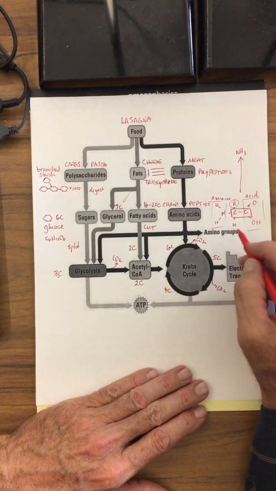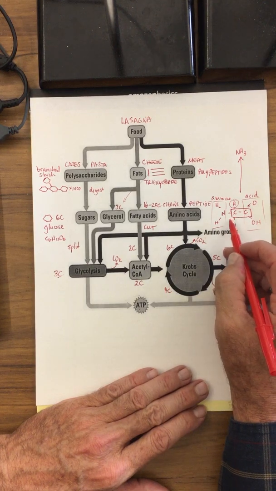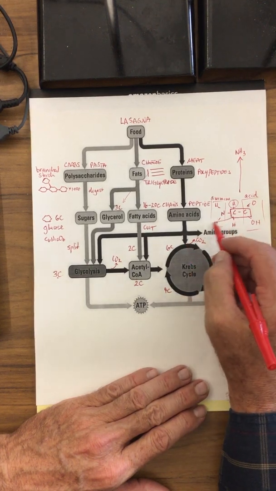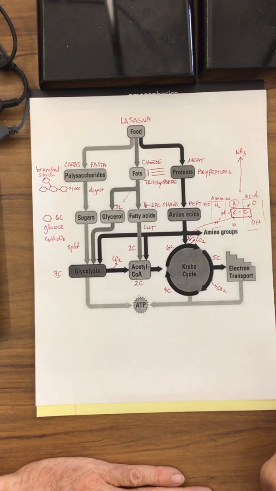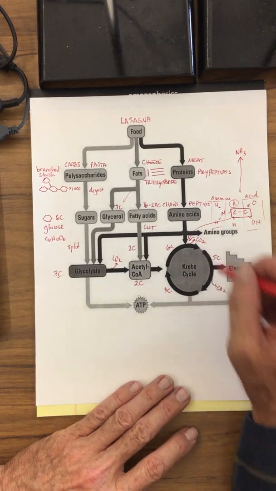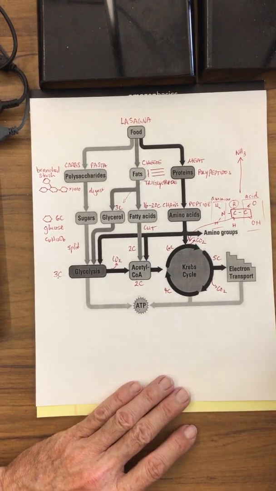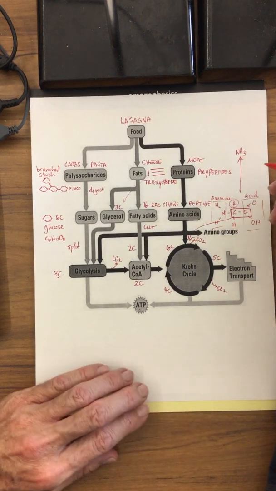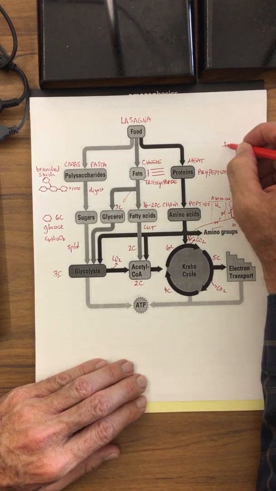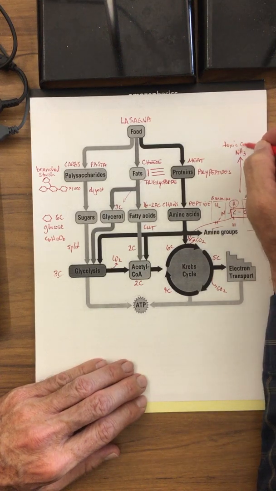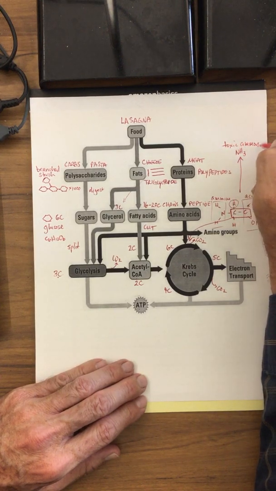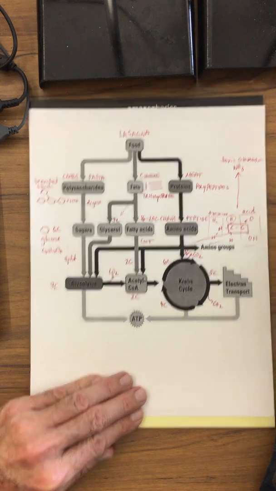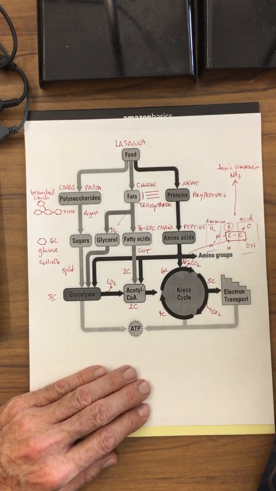These 2 carbons actually are going to enter into the Krebs cycle. They will then produce carbon dioxide and energy to make ATP. But now we have this NH2, which gets converted to NH3. This is ammonia, and it's toxic. Ammonia is toxic for our body.